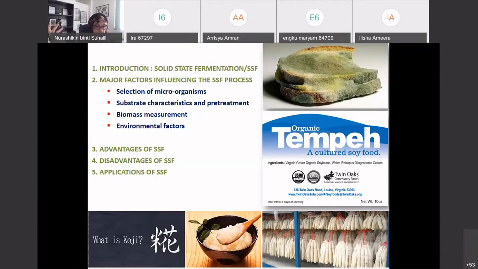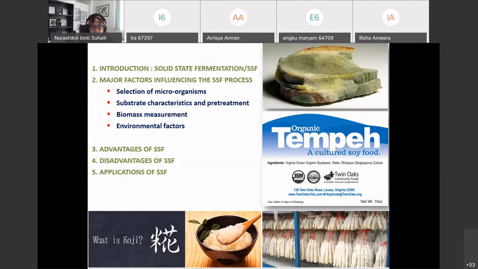Bio is because they are from plants, from living things. That's why they are called biomass. But in fermentation, we also term biomass as the cell concentration. So you might come across the term biomass concentration, but it actually refers to the cell concentration. It's the same. And then the last factor is environmental factors.